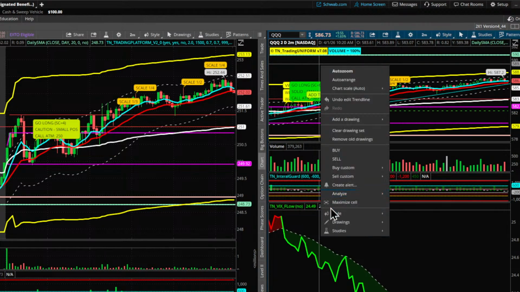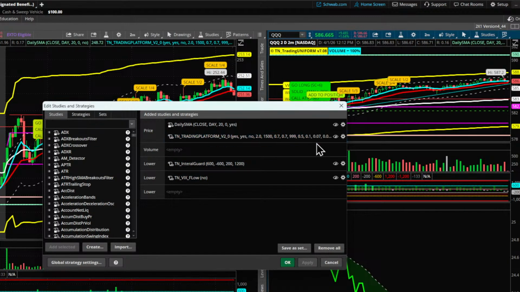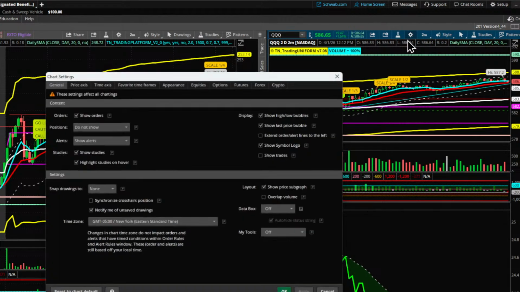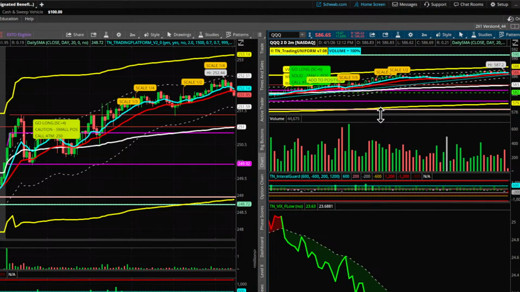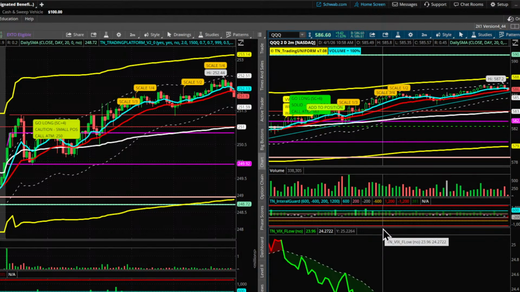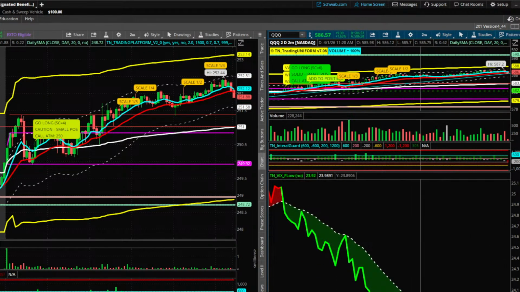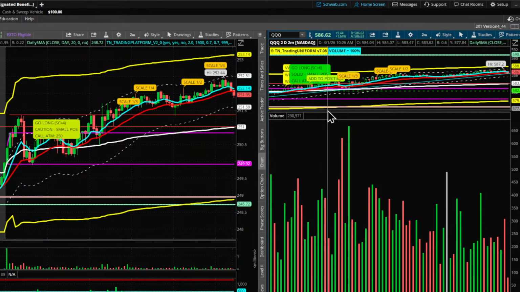Let me see if I can get rid of some of these indicators so that I can explain better. All right, so this is VIX here. VIX trending down. You see it's all green, meaning that there's no volatility. This is extremely, extremely bullish.